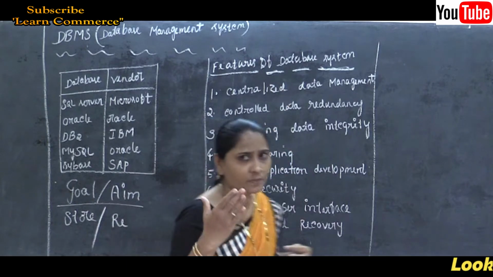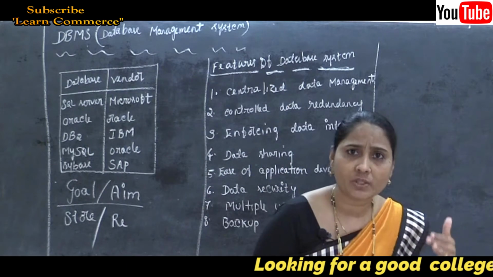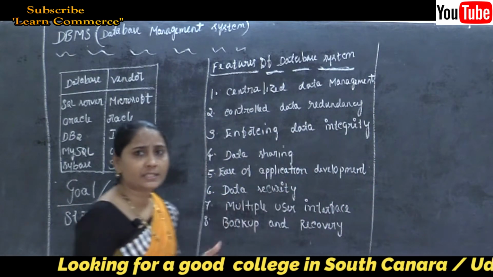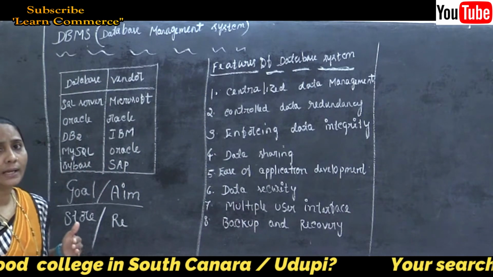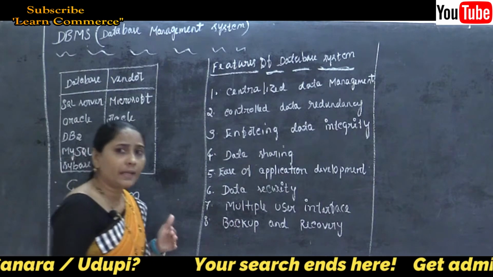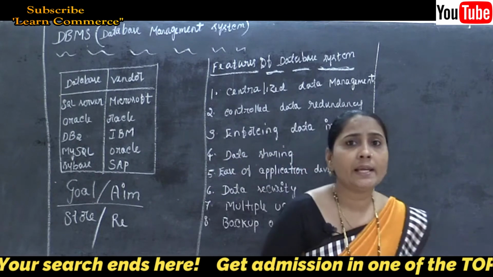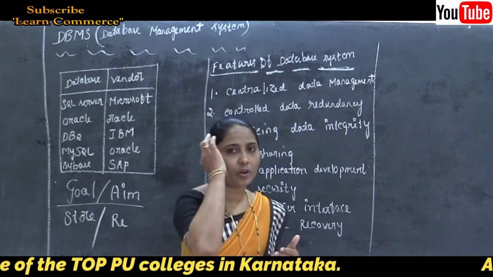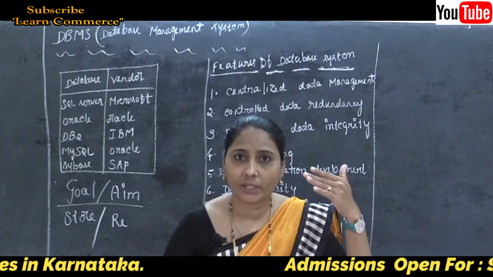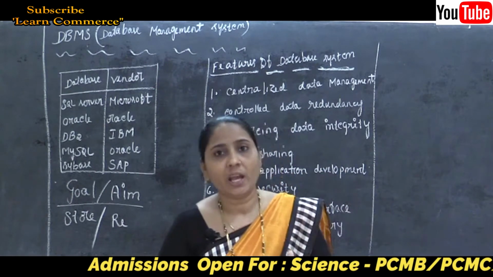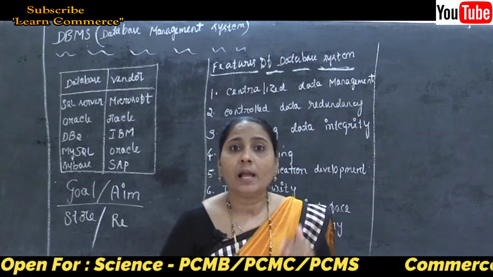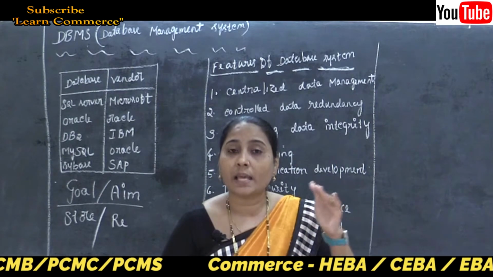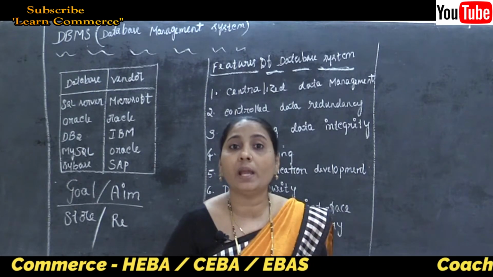We know why it was introduced: because of the disadvantages of the file processing system, we introduced the next approach, called the database approach. In the database approach, the data is stored at a central location. What do you mean by a central location? After storing the data, if he or she is an authorized user, then it is possible to access the data from the database.